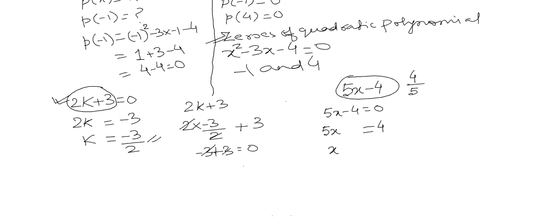Multiplication. So bring it down, this side will become division. It will become 4/5. Is this clear? So 4/5 is the 0 of this polynomial. Okay, good.